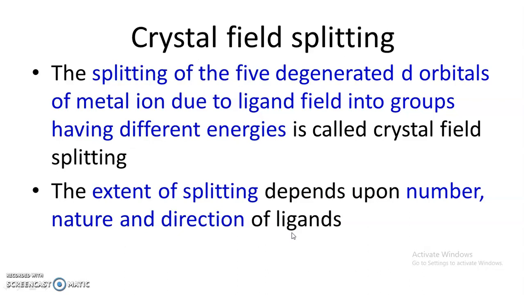In that case, the splitting will be less. Actually, the direction of ligand is also very important, and because of this, splitting in octahedral and tetrahedral complexes is different. The extent of splitting is different. So this is about crystal field splitting.